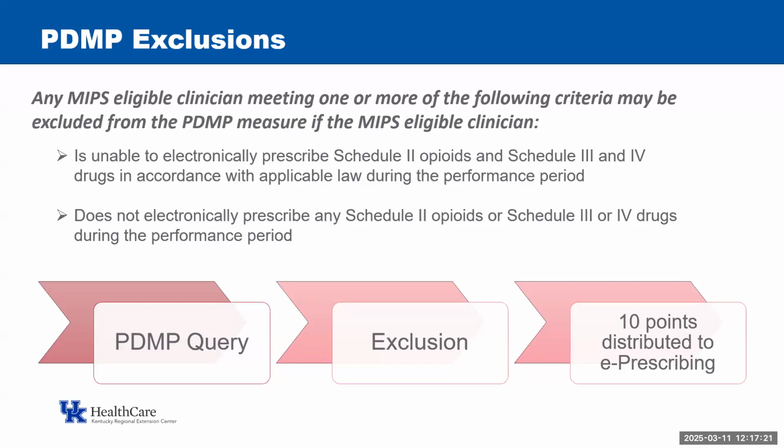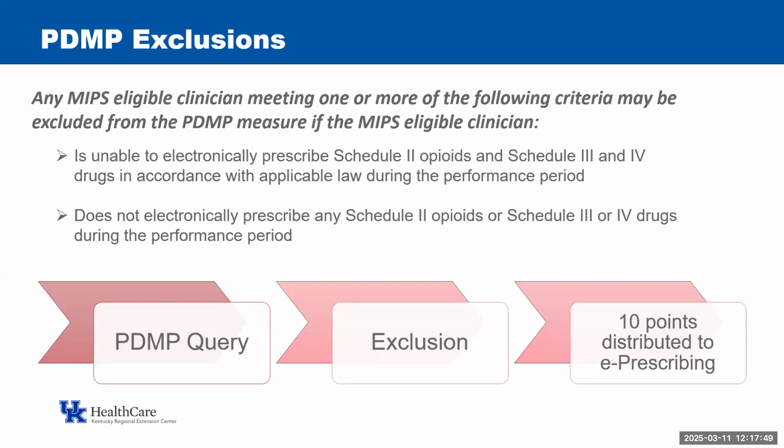Also, if the DEA registration is not currently active, it's expired, or they just basically haven't registered just yet, that can put a slowdown in being able to query the PDMP. That could be your exclusion for not submitting for this objective. Or the EHR may not support prescribing for the Schedule 2, 3, and 4 drugs.